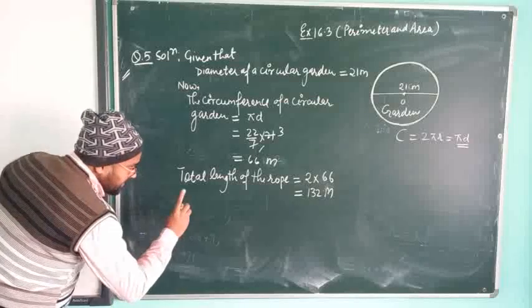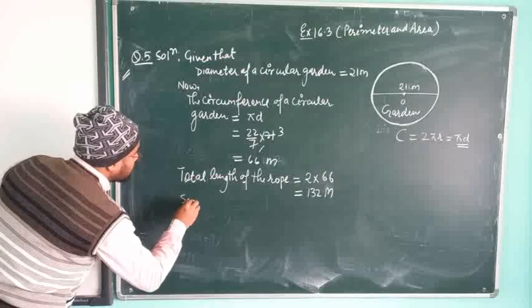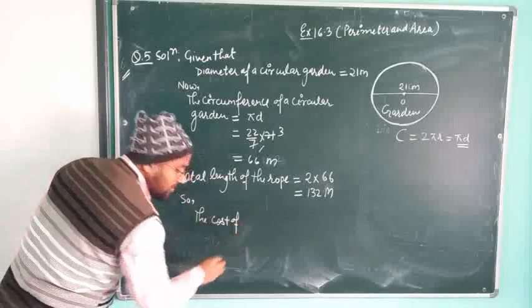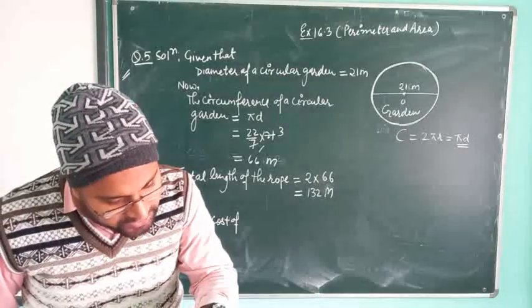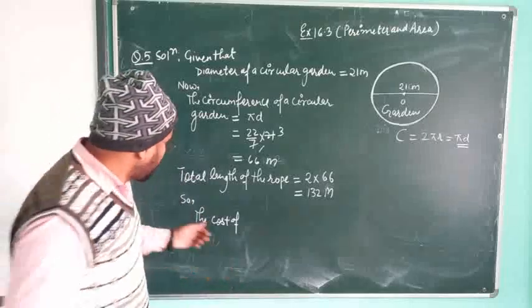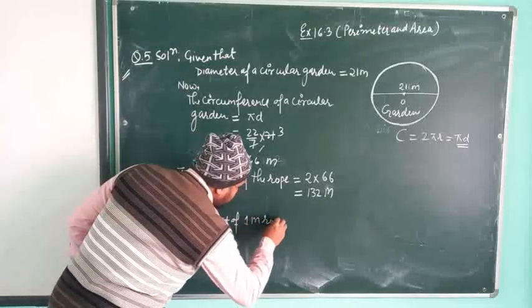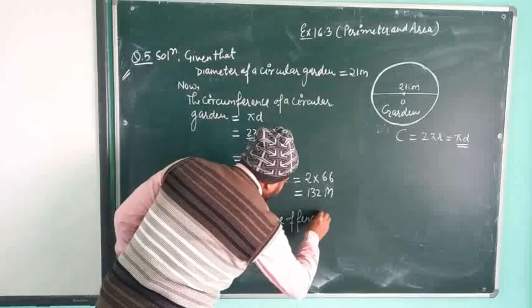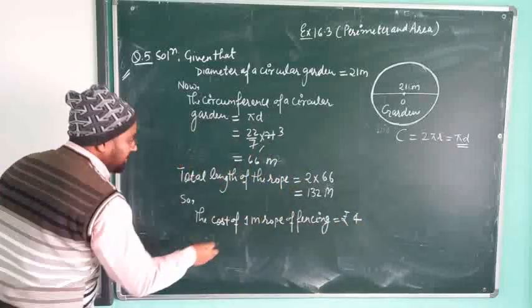So the cost of the fence. Also find the cost of the rope. The cost of 1 meter of fencing rope is rupees 4. So we have 132 meter.